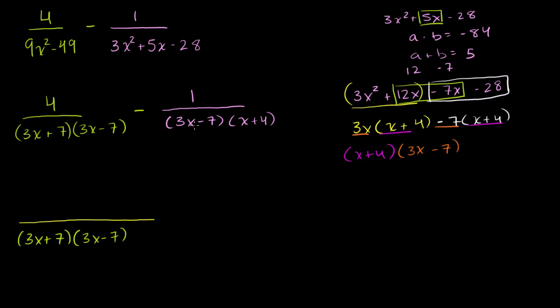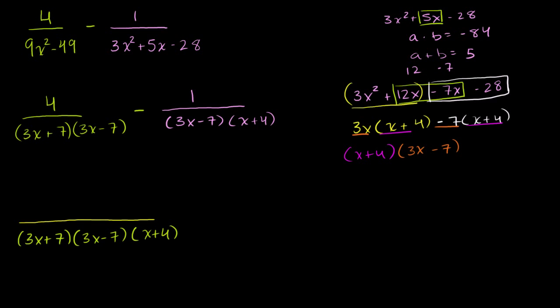Well, it already has a 3x minus 7, so this is already done. But it doesn't have an x plus 4 in it yet. So now I have to multiply it by x plus 4. So clearly, this is divisible by this guy because it has all of its factors, and it's clearly divisible by this guy too. So this is the least common multiple of these two expressions.